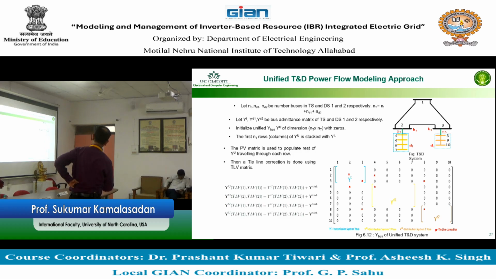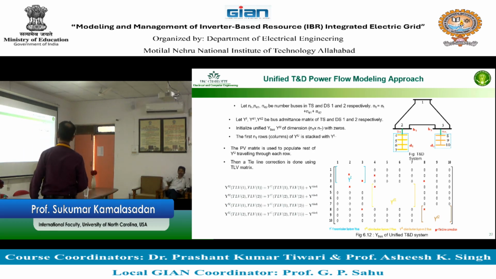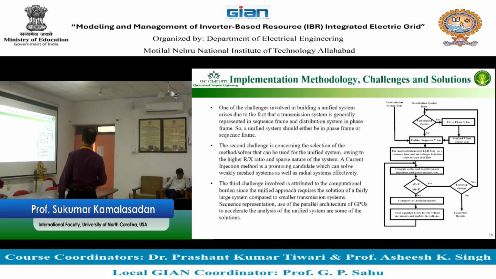If you look at this tie line, 2 is this point, and 2 to 4 is the connection between these 2 points, 4 to 2, and 4 to 6. So these are the 4 points that come as a tie line. Similarly, here 8 to 3, so you'll see 8 and 3, and 8 and 8, and 3 and 3, and 3 to 8. These are the diagonal elements and off-diagonal elements. So the tie line connection will be included.